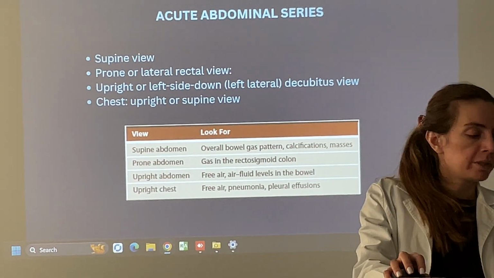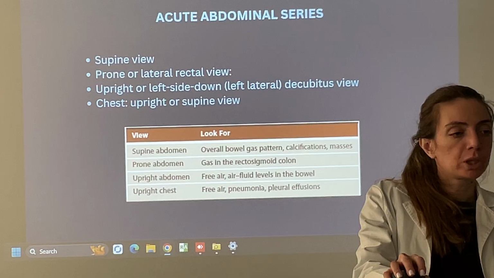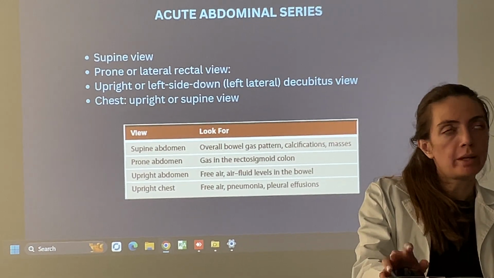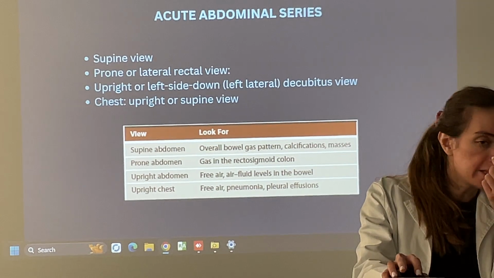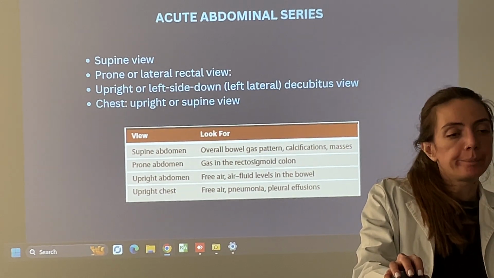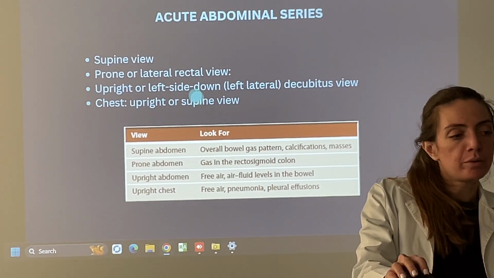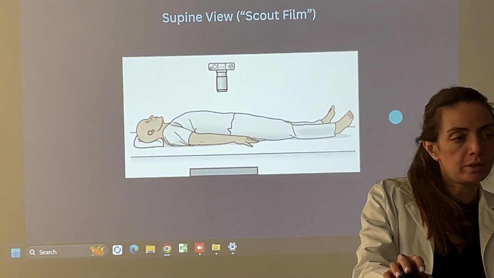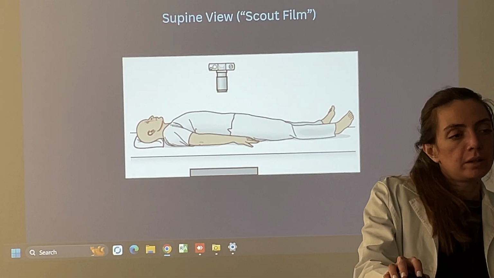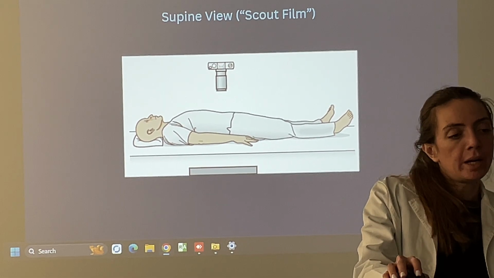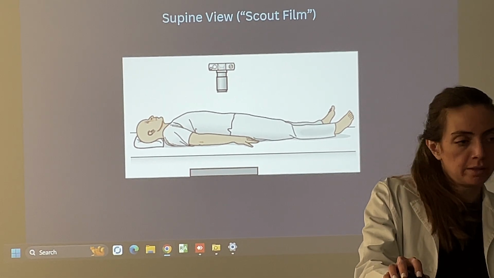To understand what to look for in the acute abdominal series, we'll go through the positions first. What is each good for, and why do we need to take this view?